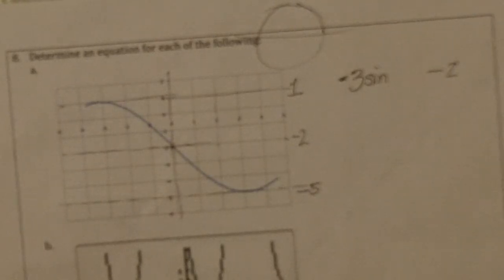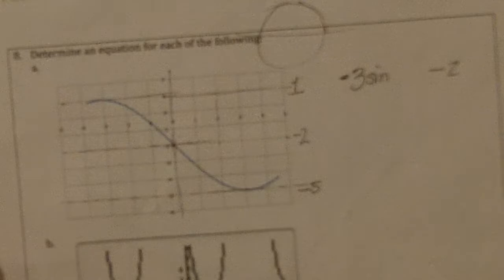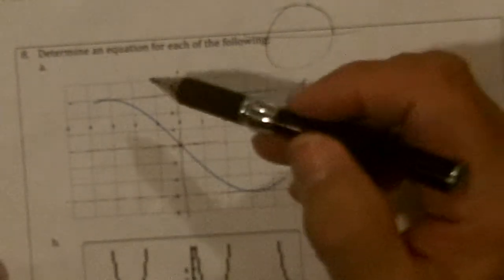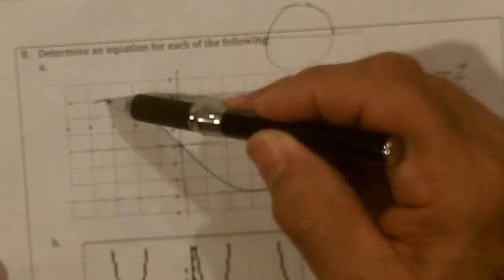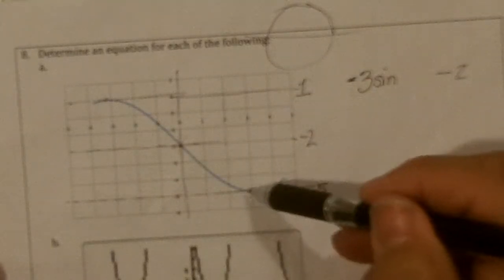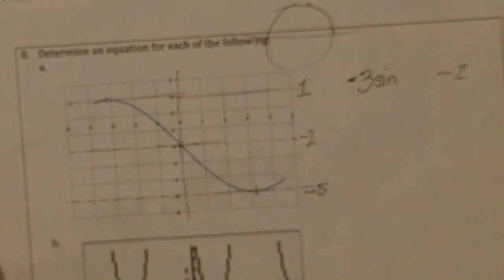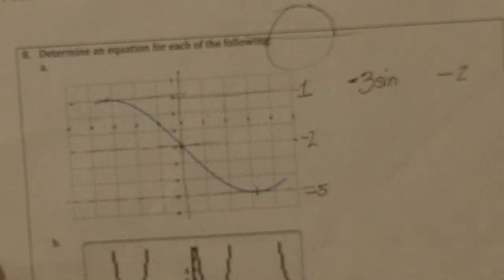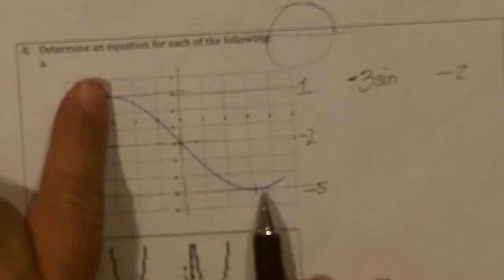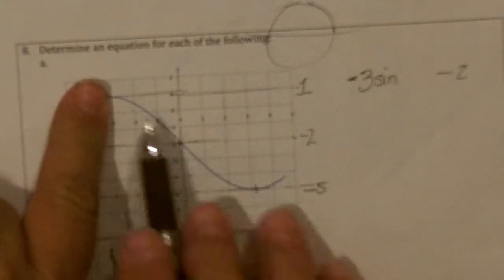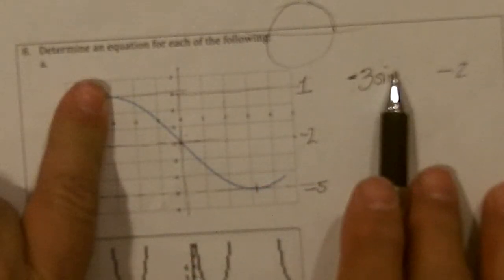Next thing was the period, and several of you messed up on that. Looks like it goes from a little over -3 to a little over +3. If you look at it carefully, that looks like where it's crossing. Now, some of you called the period 6. That's half of the wave.